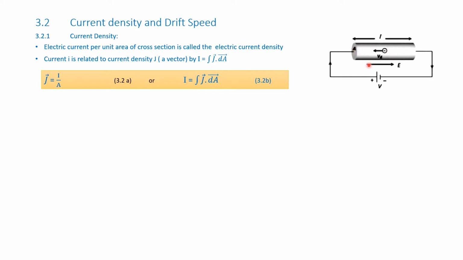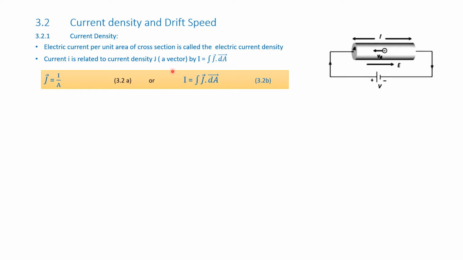There is an electric field from left to right. L is the length of the conductor. So, electric current per unit area of cross section is called electric current density. Current I is related to current density J, which is a vector, by I is equal to integral J into dA, where dA is the surface element of area of cross section.